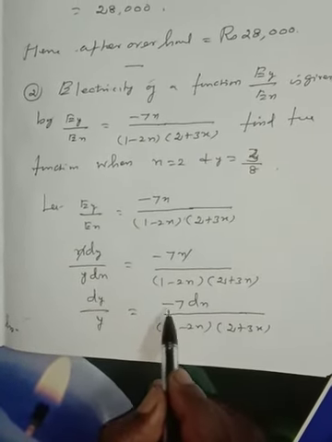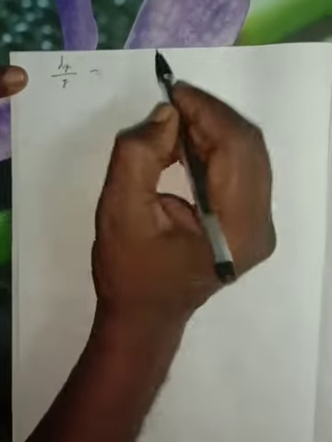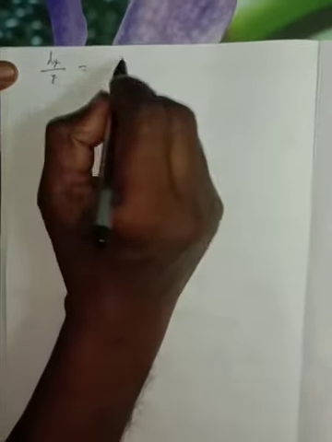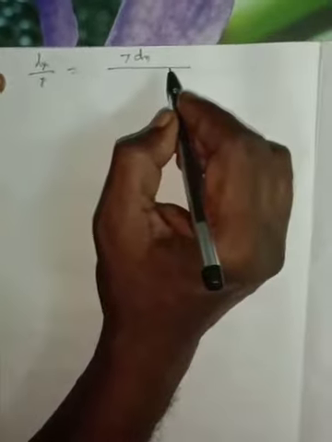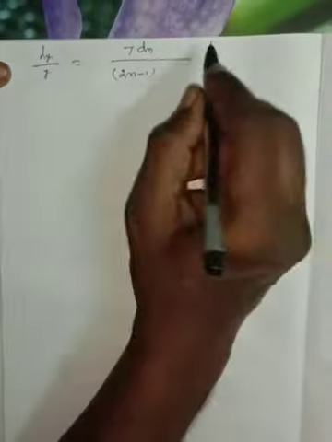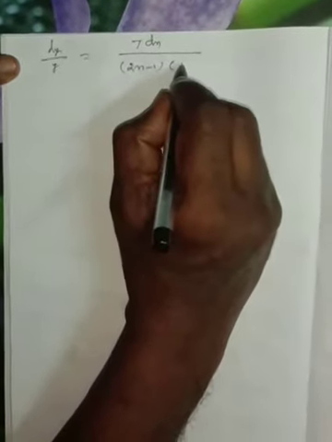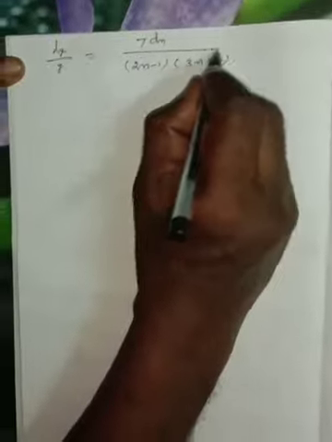Taking minus 1 from the numerator into the denominator's first factor, dy by y is equal to 7 dx divided by (2x minus 1) into (3x plus 2). 2 plus 3x means 3x plus 2.